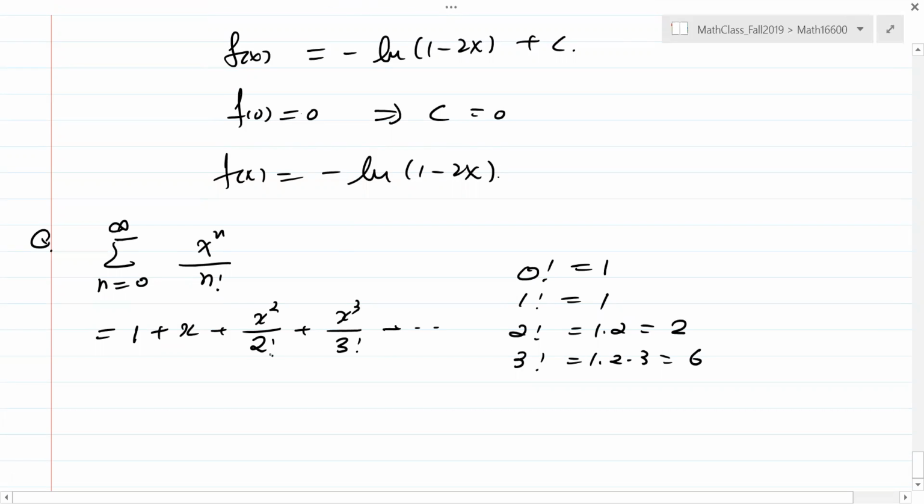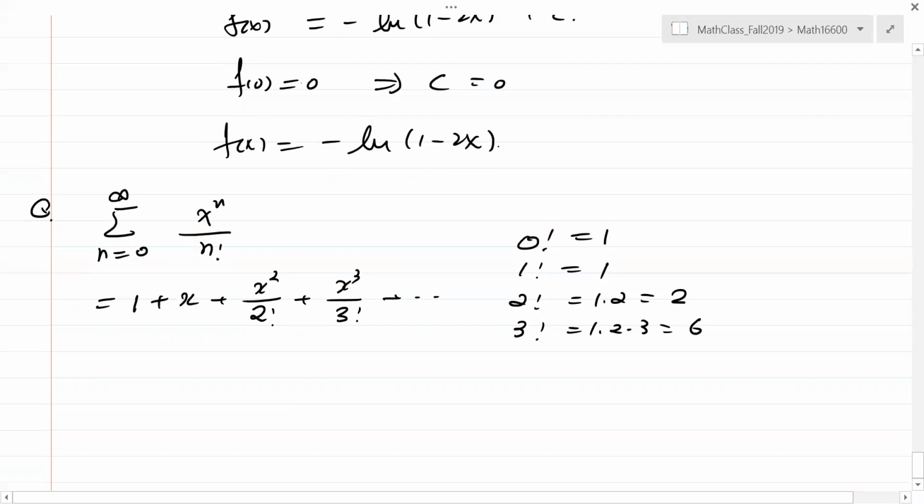Let's look at this series. First of all, let's look at the rate of convergence, because if this series is convergent, it gives you a function. Because it involves n factorial, what test should we use? Ratio test, root test, comparison test?